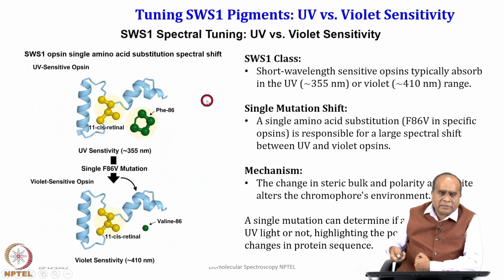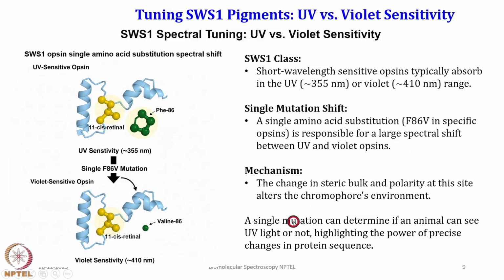The mechanism, what is happening: phenylalanine is a bulky amino acid, valine is a smaller amino acid. So, what is this single mutation doing here? 11-cis retinal is surrounded by phenylalanine, which has an aromatic cloud, while here is a hydrophobic cloud. So, that is the change in the environment. It is slightly positive on the surface, slightly negative at the center of an aromatic, and this is completely hydrophobic.